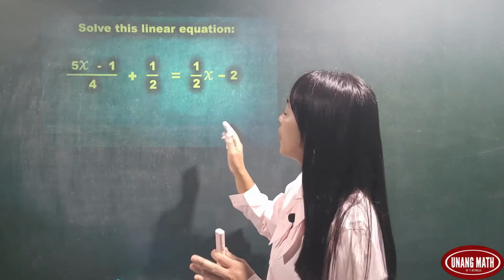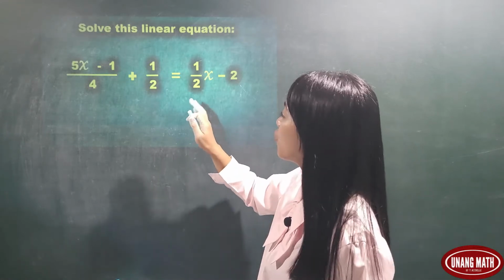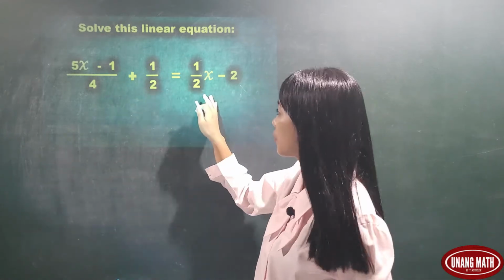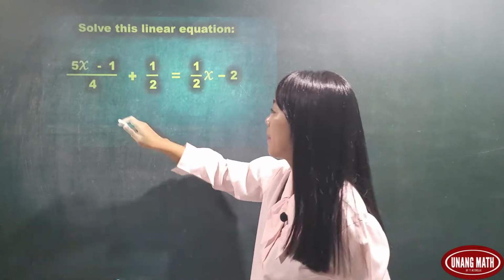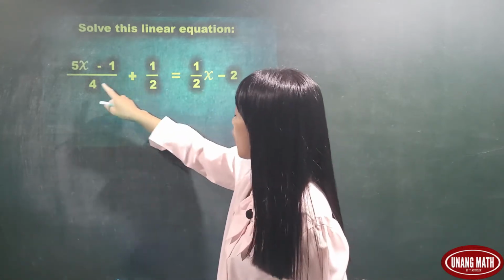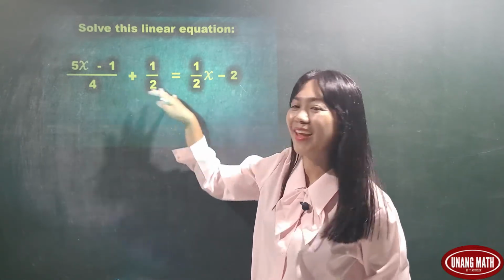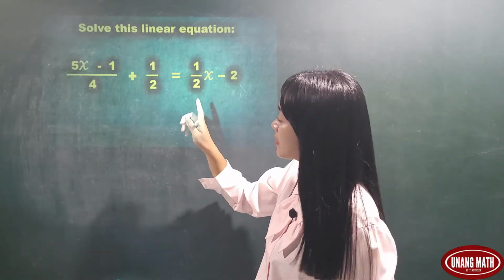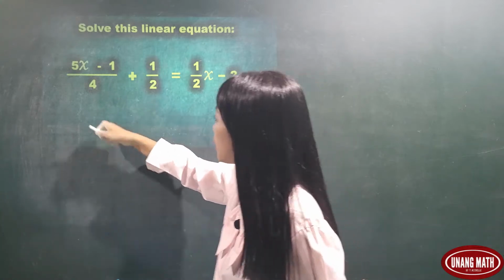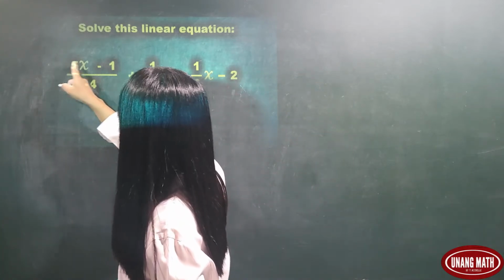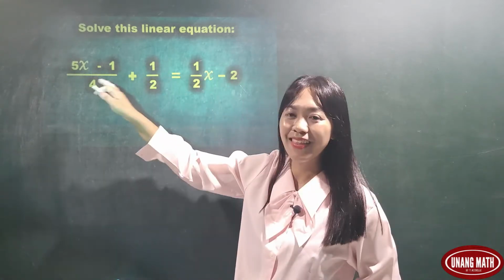So what we can do here is multiply each term by the LCM of the denominators. We have 4, 2, and 2. These are the denominators in this equation. The LCM is 4. So we have to multiply 4 to each term in this equation.